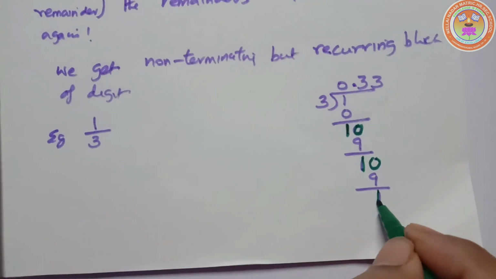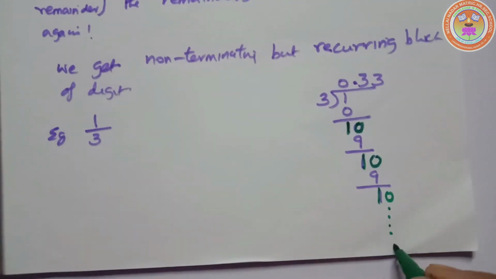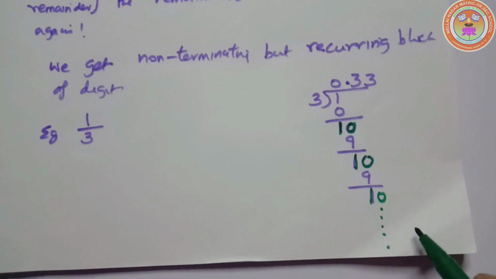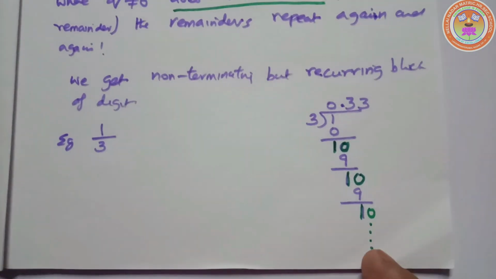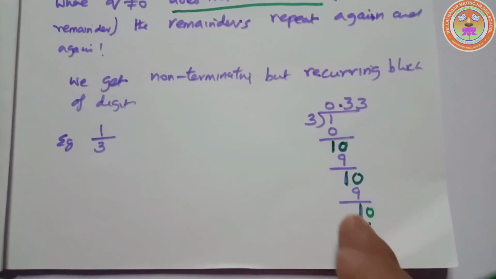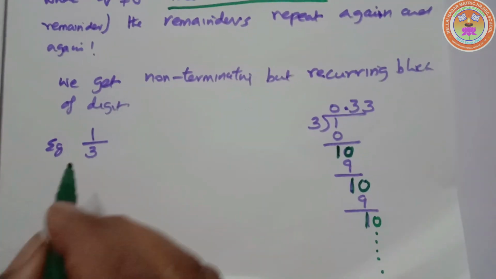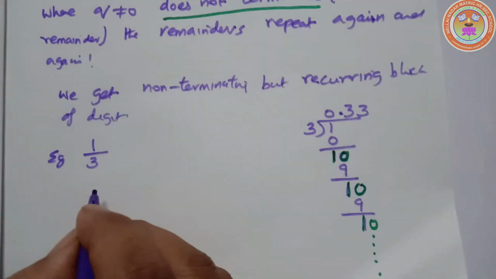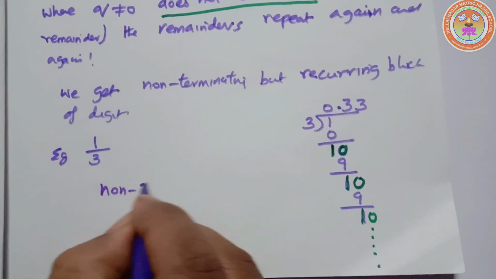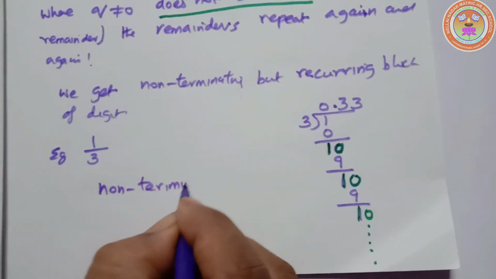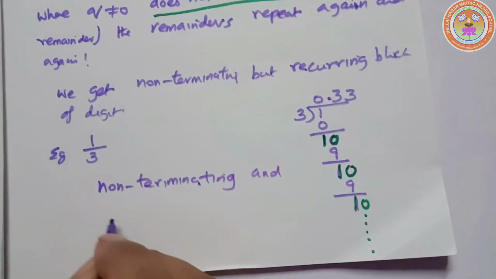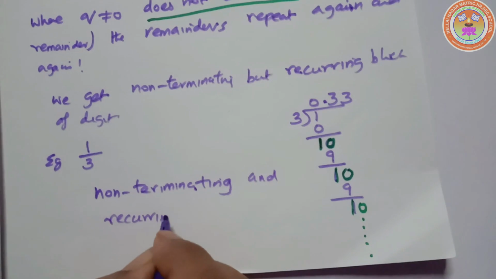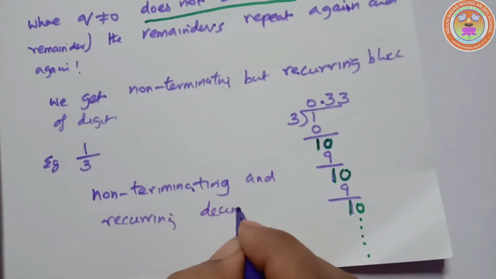Again 1, 0. So it is repeated. So there is no end. If it ends, it is terminating. If it does not end, it is going on, which means we can say it is a non-terminating and recurring decimal expansion.